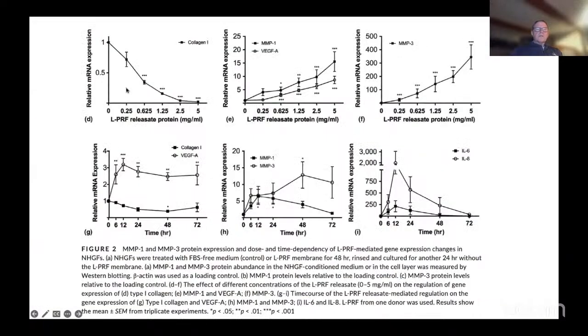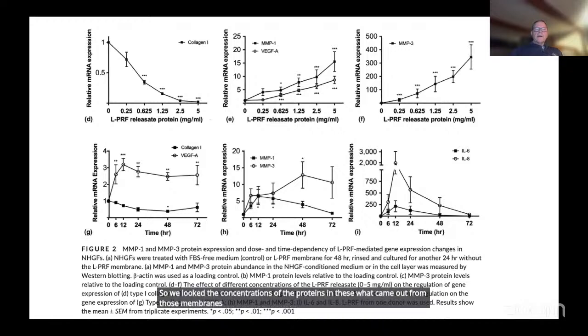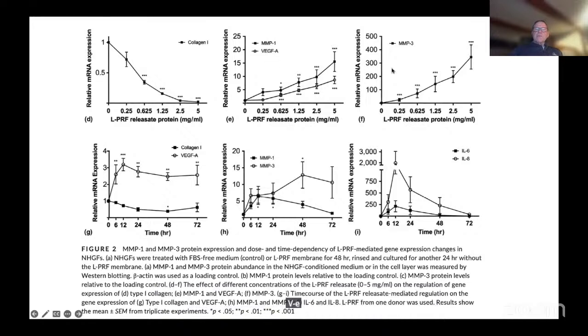So we looked at the concentrations of the proteins that came out from those membranes, and we also looked at how they regulate collagen, MMPs, VEGF, MMP3, and so forth.